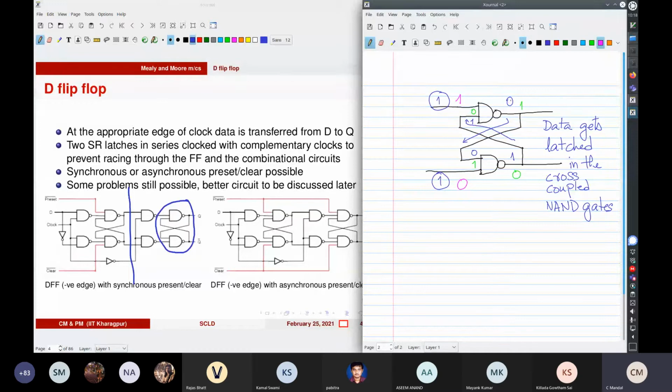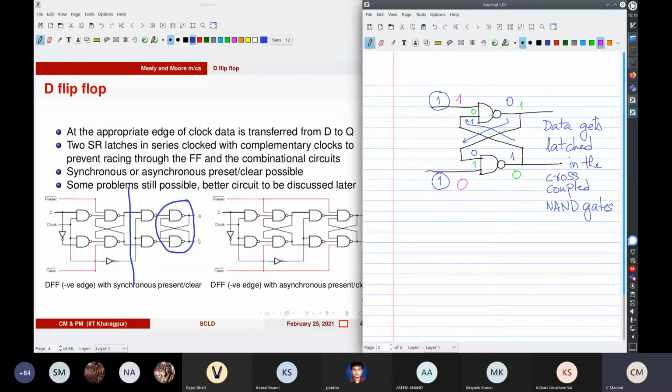This 0 will lead to a 1 here. Whenever you have an input 0, the output is 1, and 1 and 1, the output is 0.